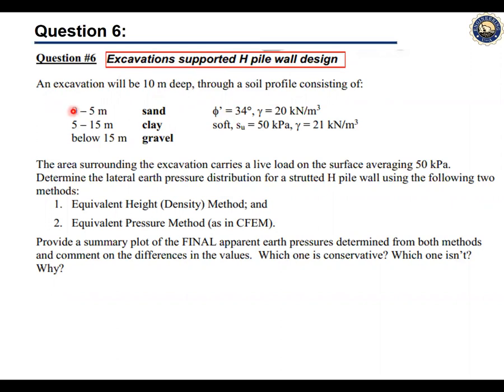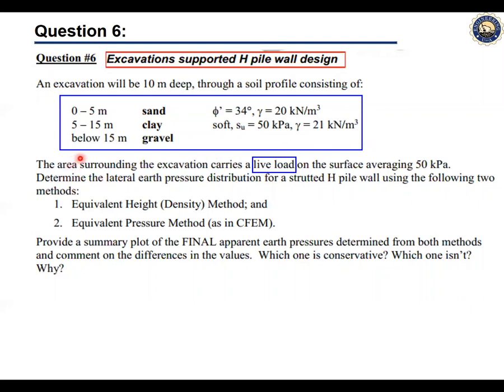Then for 5 to 15 meters of clay, which is soft, has an undrained shear strength of 50 kPa, gamma 21 kilonewton per meter cube. Below that, we have 15 meters of gravel.